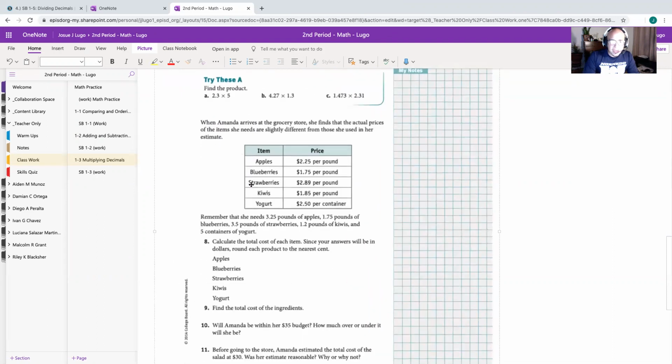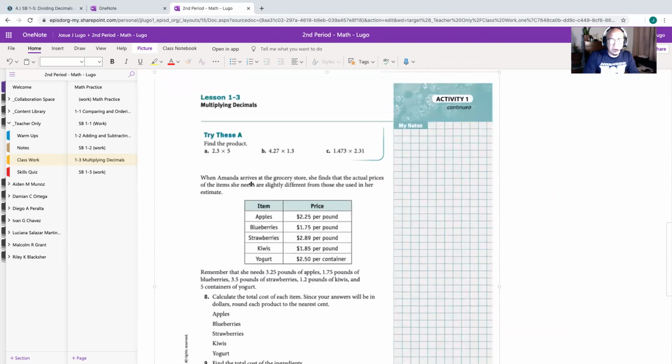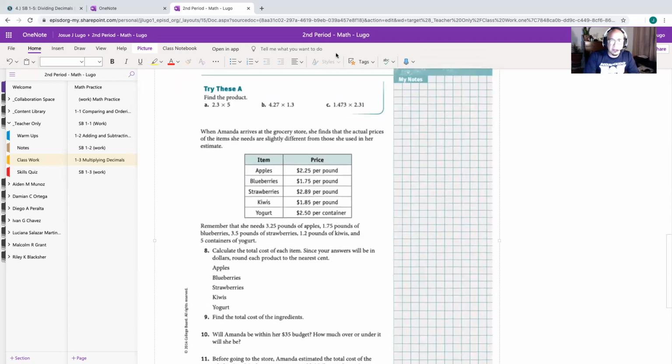Okay, now for number 8, ladies and gentlemen, it's important that we take note of this paragraph up here. All right, so beginning up here, we read, when Amanda arrives at the grocery store, she finds the actual prices of the items she needs are slightly different from those that she used in her estimate.